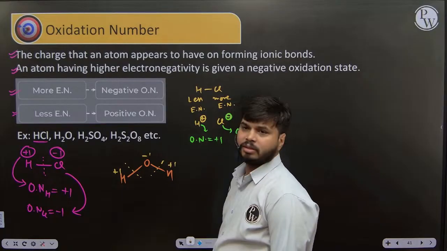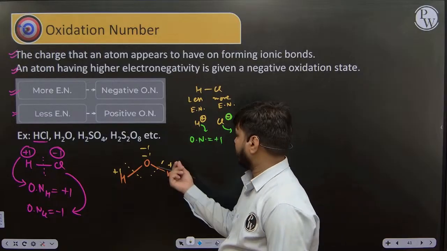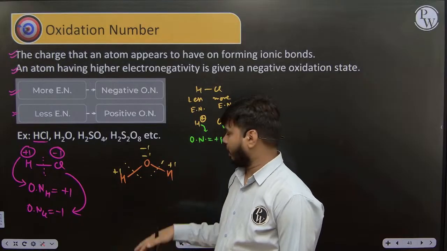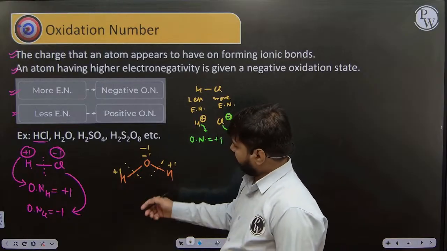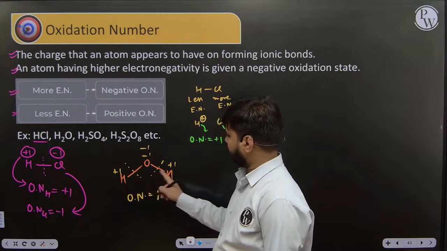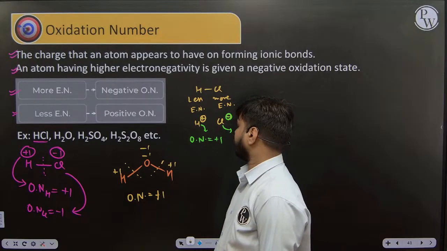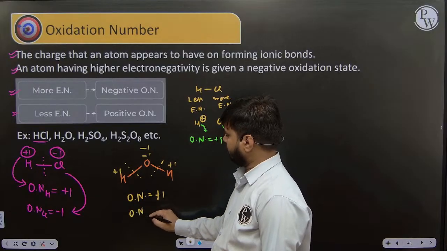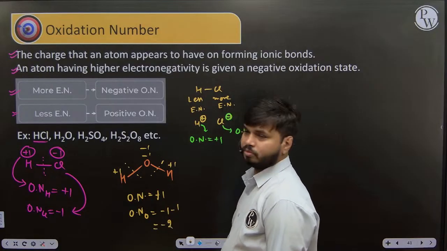Hydrogen will be plus 1 and oxygen minus 1, because oxygen is more electronegative so it gets the electron, and hydrogen loses the electron. So what will be the oxidation number of hydrogen? Each hydrogen is plus 1. For oxygen, it will have minus 1 and minus 1, so the oxidation number of oxygen is minus 2.